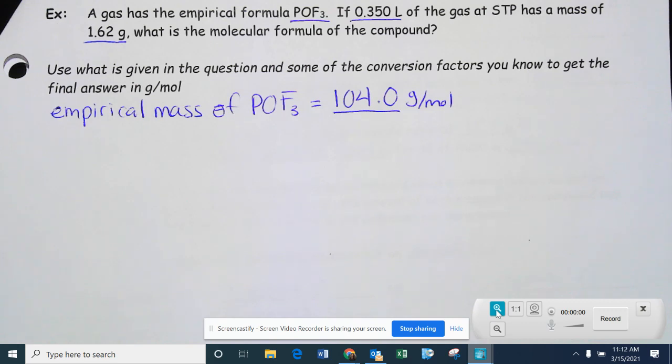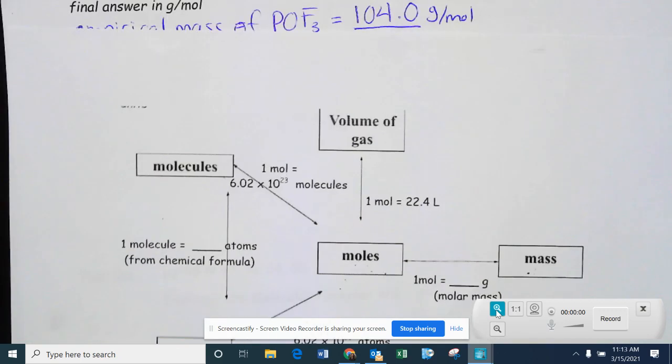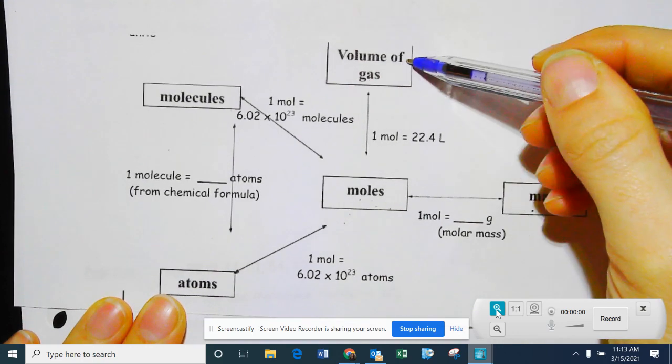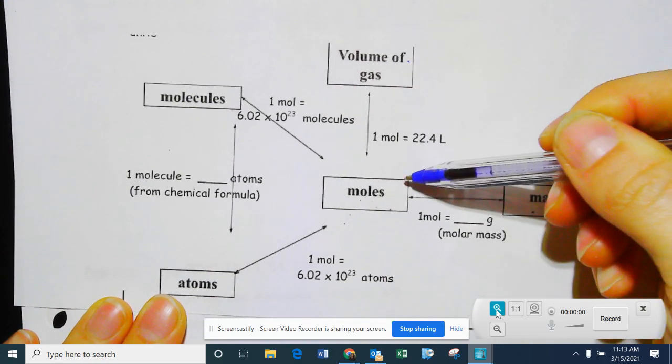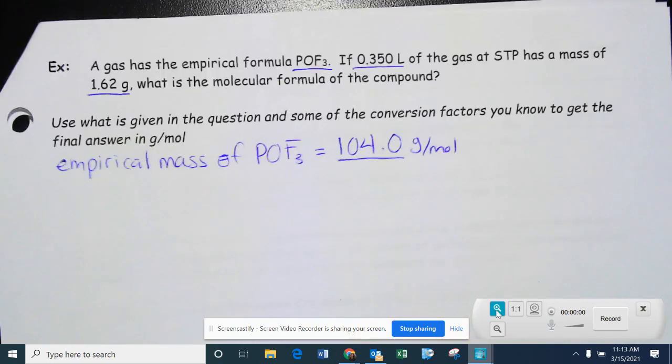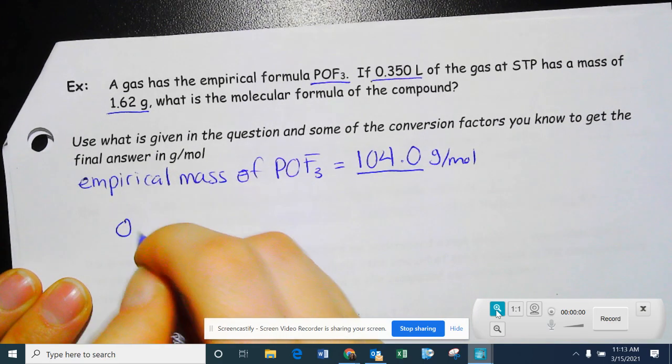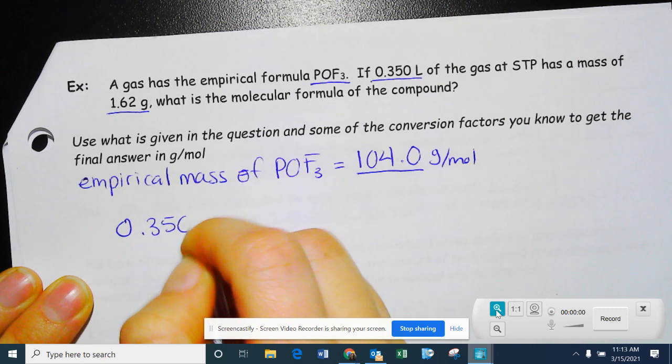How are we going to get the moles? What do we have? We've got volume. So we're going to have to go from volume to moles. Okay, so let's do that. I've got 0.350 liters.